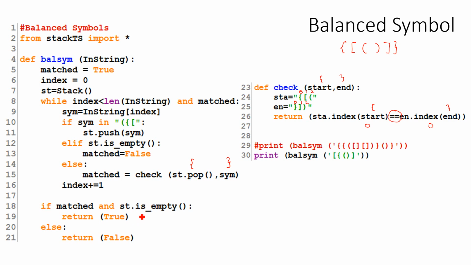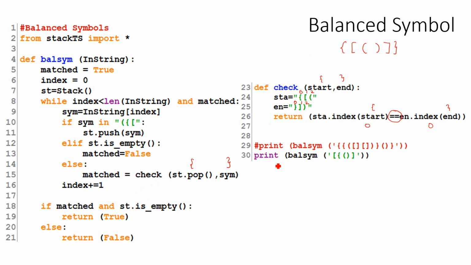So it will return true to say that the given expression has balanced symbols. Else, that means the stack still has content or match is set to false, then we immediately return false to say that it is an unbalanced symbol.